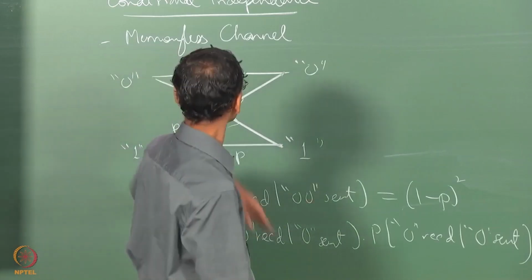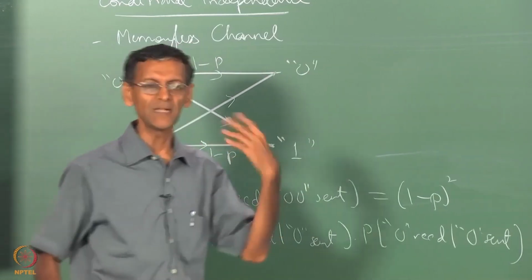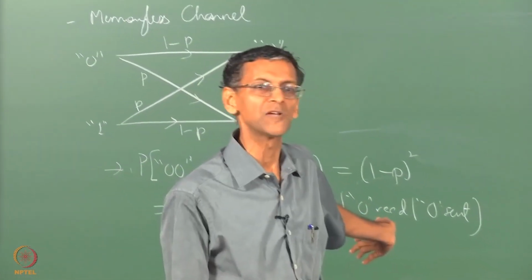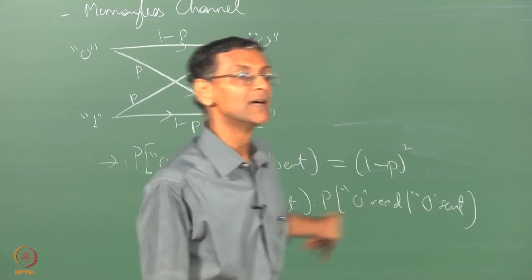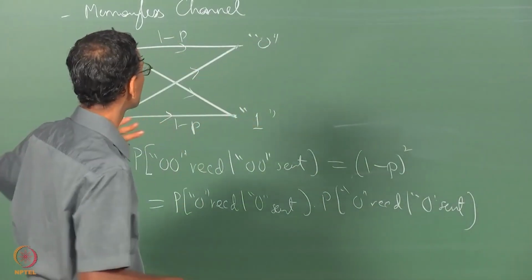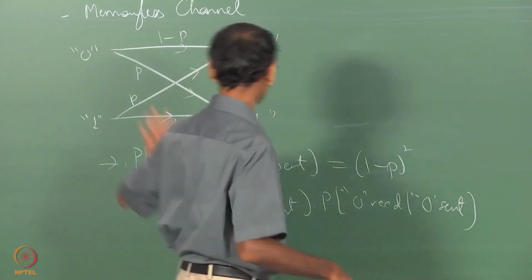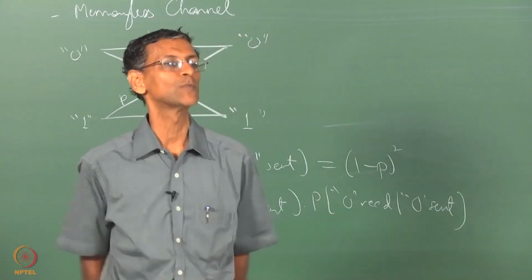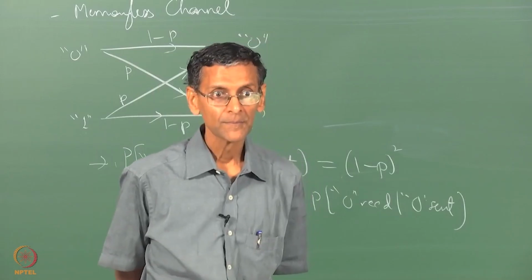But if so, you can say that the bits are independently transmitted by the channel, right? This is a version of conditional independence that we talked about yesterday. However, if you look at the probability of receiving two zeros in succession, those two events will not be independent in general. You see what I mean?